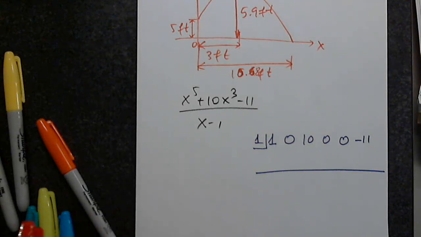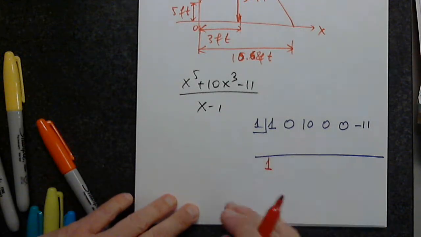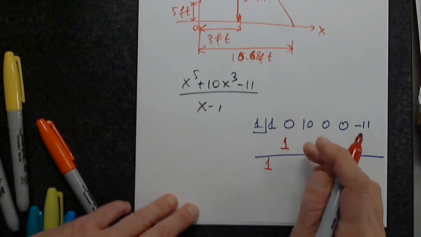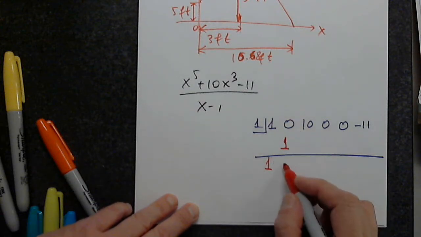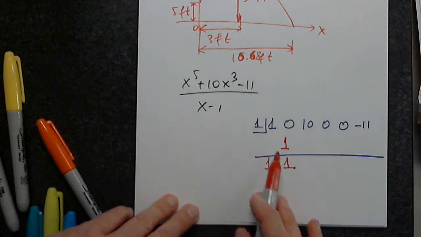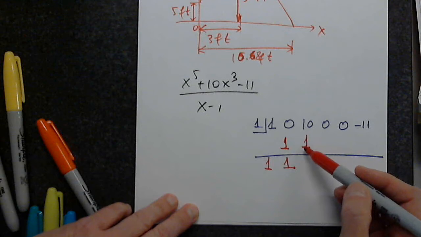The next step. We bring 1 down. 1 times 1. We perform the operations we see. We see 0 plus 1, it's 1. 1 times 1. 10 plus 1, 11.